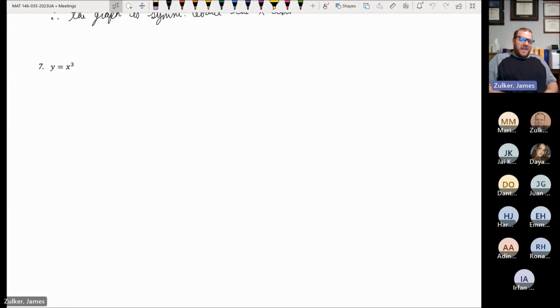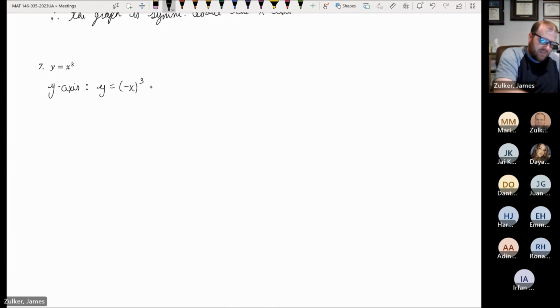Let's take a look at the relation y equals x cubed. Check the y-axis. Negative x quantity cubed. So we get y equals negative x cubed. That's not the same. Check the x-axis, replace the y.